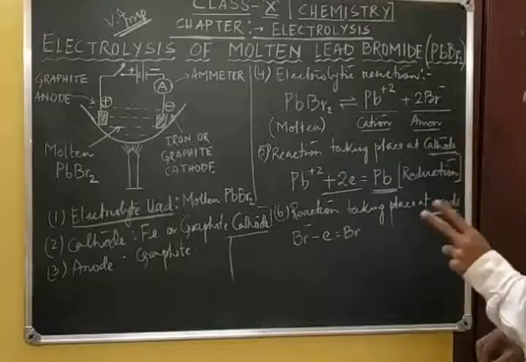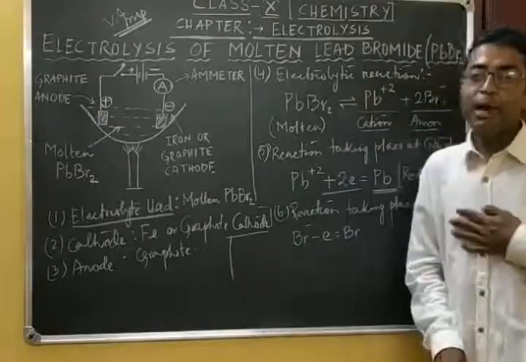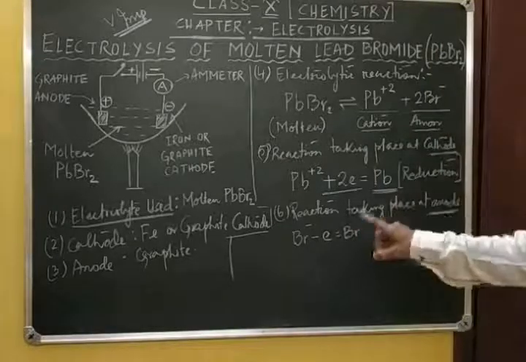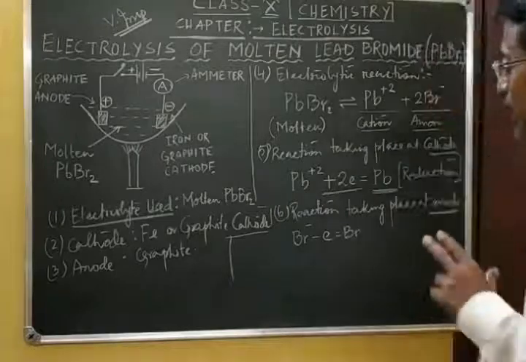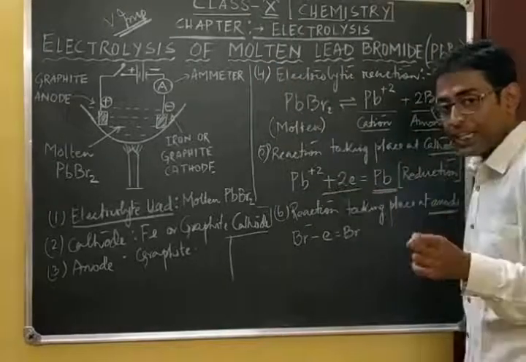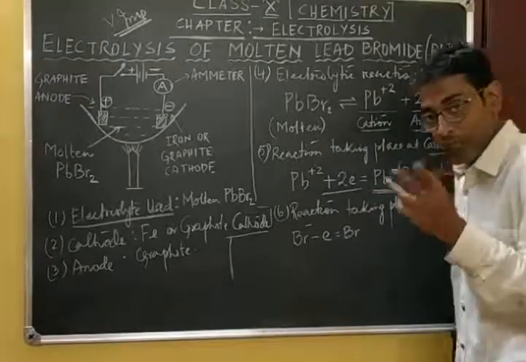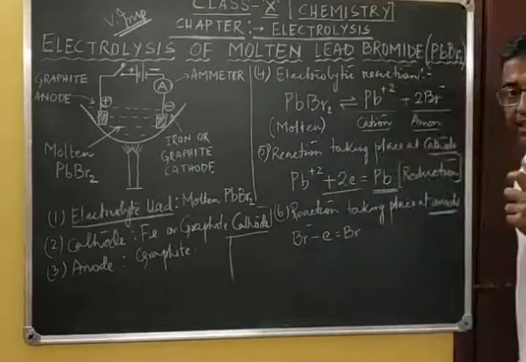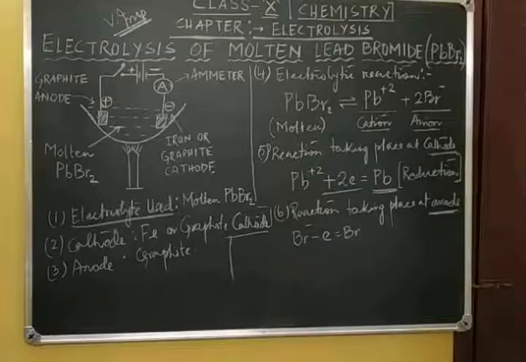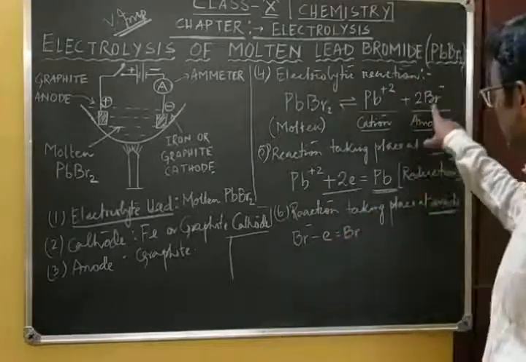2. So here also there is that balancing. In class 11 you will be balancing chemical reactions with the help of the electron exchange method. The number of electrons gained at the cathode should equal the number of electrons lost at the anode. That is called balancing by the ion exchange method. To balance the two electrons, there are two bromines.